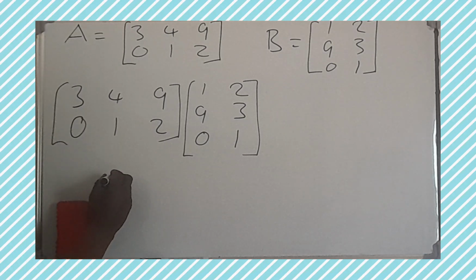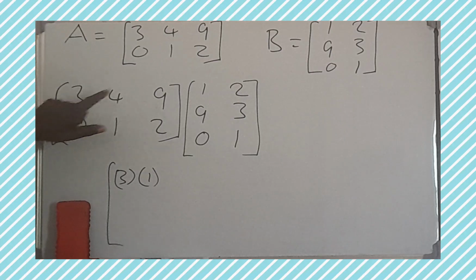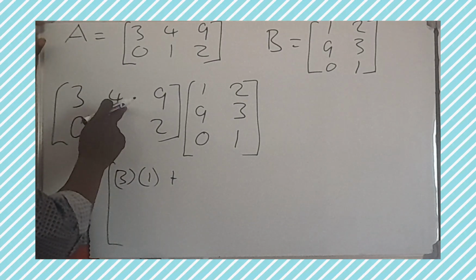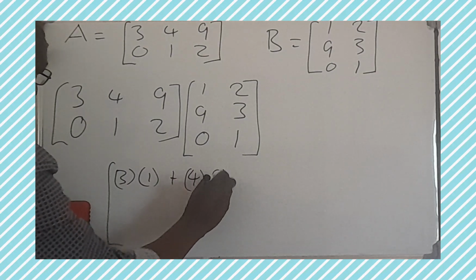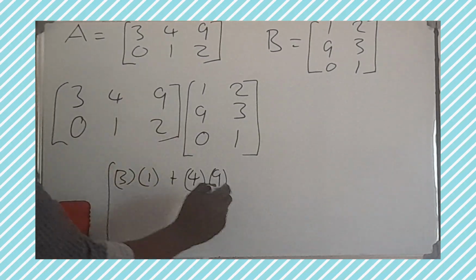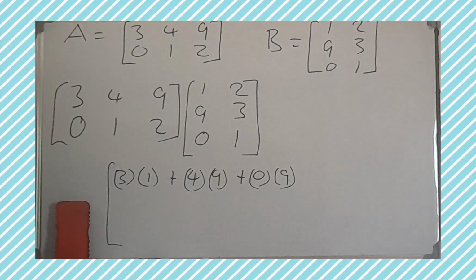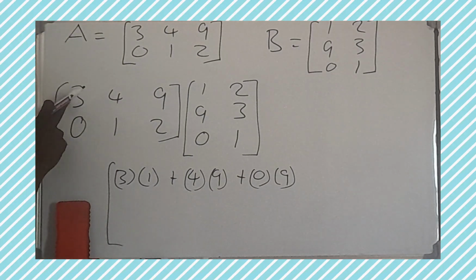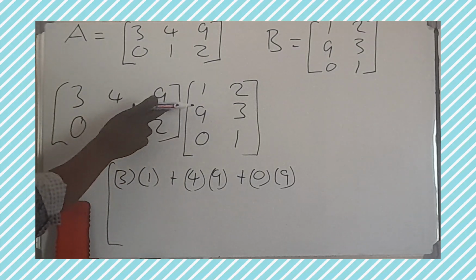So the first element in the product will be 3 multiplied by 1, plus a 4 multiplied by a 9, plus a 9 multiplied by a 0, which is 0 times 9. Notice how we are coming down. 3 by 1, 4 by 9, 9 by 0.